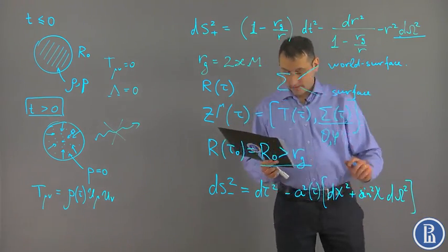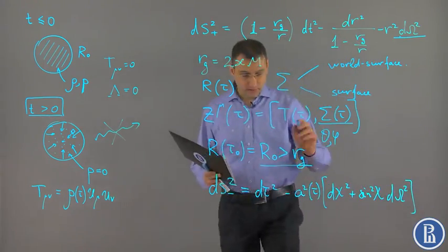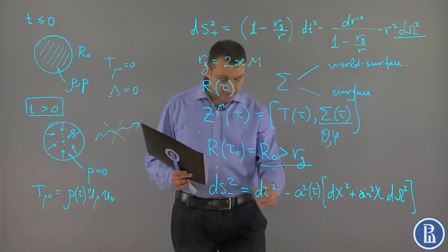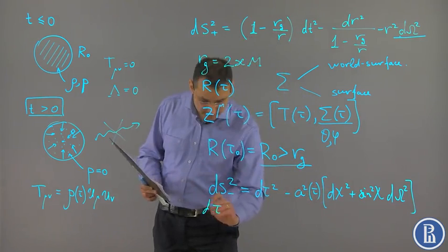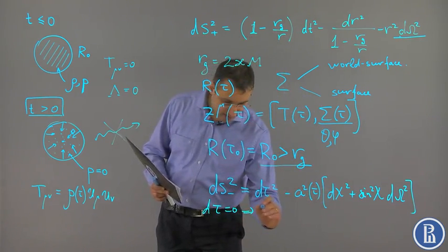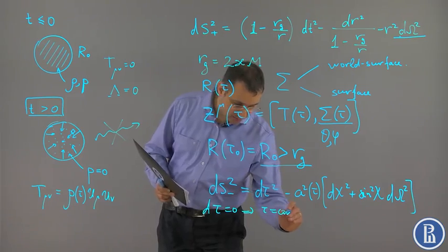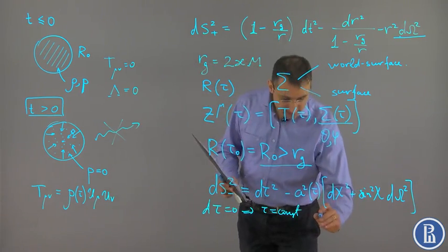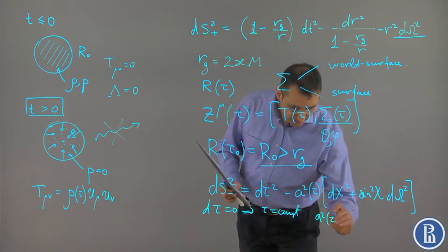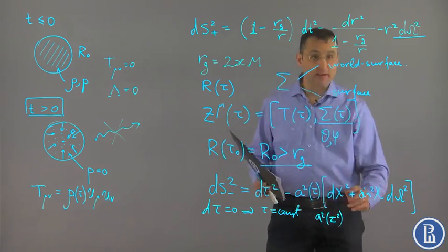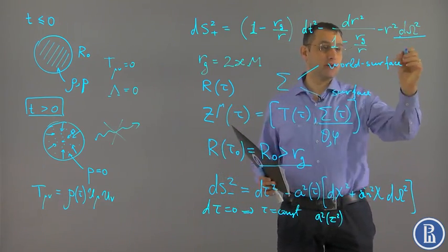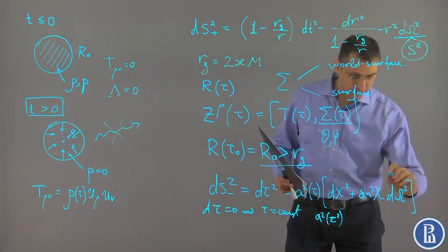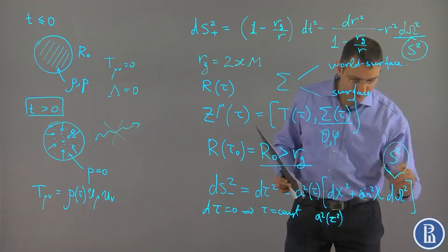So what is this? This metric describes, at every given moment, at dt equals 0, t equals tau equals constant, the three sphere. This is a two sphere, S squared. Here also, S squared, two sphere.